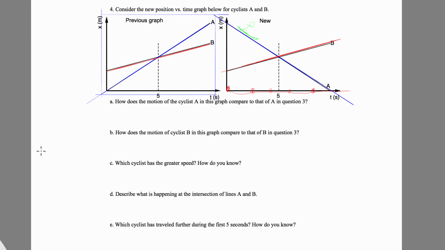So now to answer the questions quickly. How does the motion of cyclist A in this graph compare to that of A in question 3? So one, if you just say it's different, that's kind of true, but not a very satisfying or complete answer.